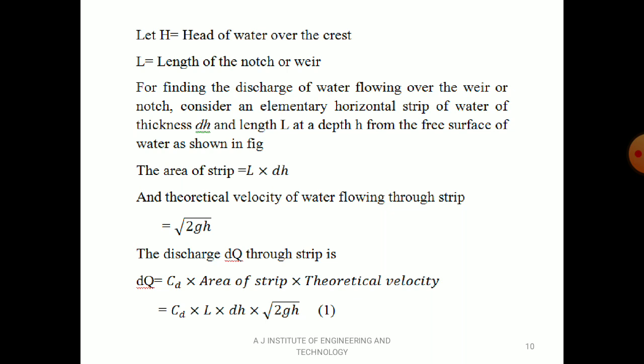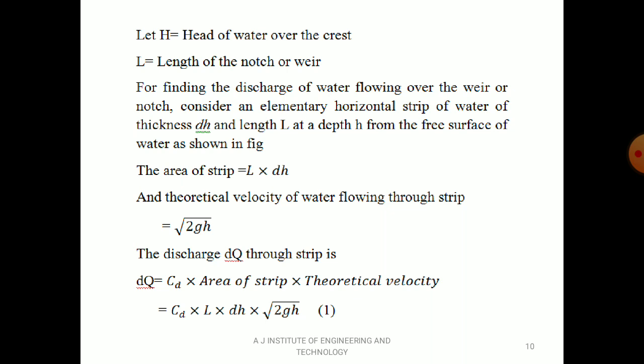And the theoretical velocity of water flowing through the strip. I already discussed this in the Pitot tube. Theoretical or ideal velocity, without the coefficient of velocity, that is without Cv, is equal to square root of 2gh, where g is acceleration due to gravity and h is the distance from the free surface to the horizontal strip.